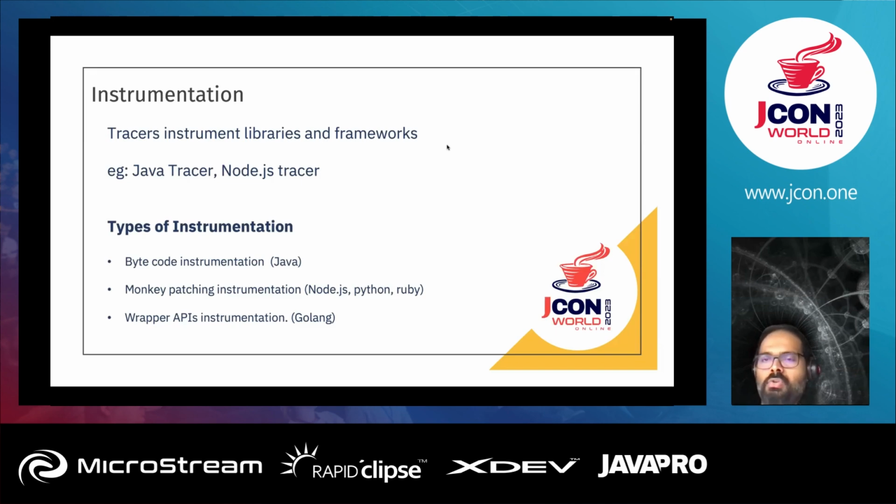So it's basically an instrumented module which gets attached to the process, and we just instrument the code to get the tracing data from it. There are different types of instrumentation we do. It is completely dependent on the language we are trying to instrument, so there are different ways of doing it.